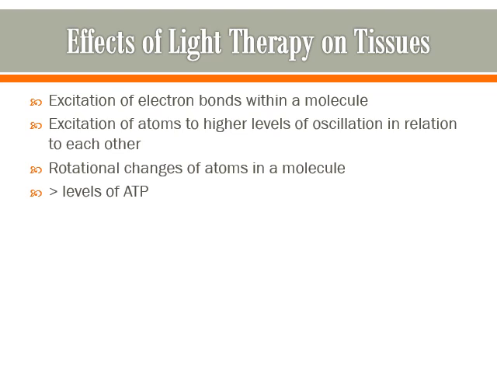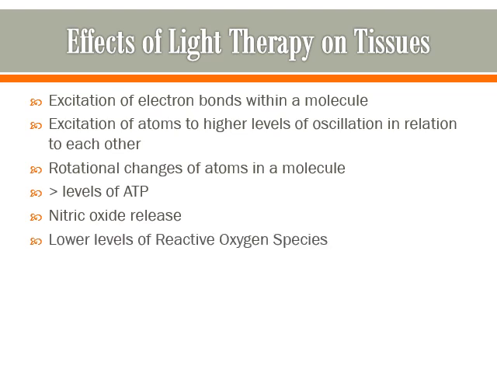So what's going to happen is nitric oxide is going to get released, and that allows oxygen to bind to receptors, and therefore the mitochondria, which is the powerhouse of the cell, creates energy and can help synthesize ATP. ATP is our most immediate source of energy. So that nitric oxide release is going to encourage that. It's also believed that this creates lower levels of reactive oxygen species.